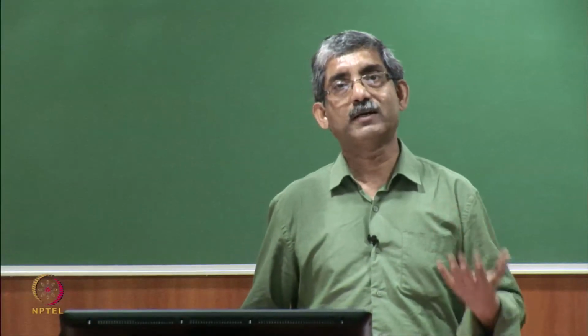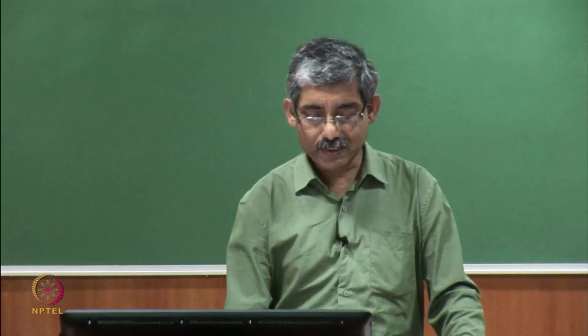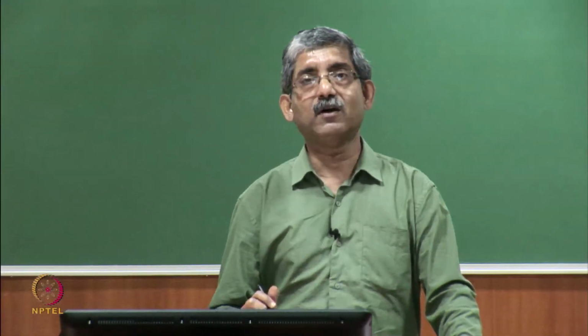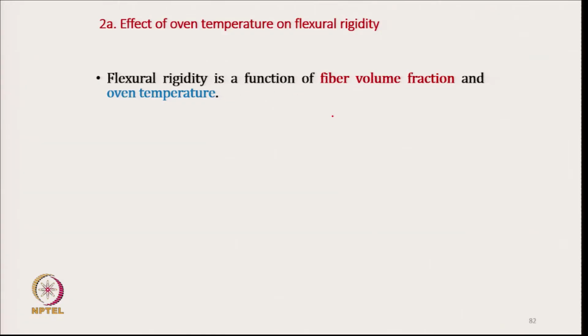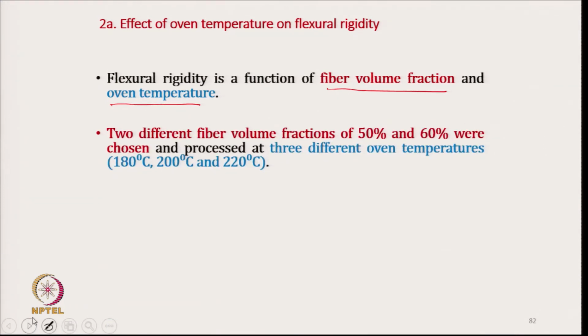So, we have changed the oven temperature and we have studied the flexural rigidity of the toe brake. Flexural rigidity is a function of fiber volume fraction and oven temperature. So, these two parameters we have changed one at a time. Two different fiber volume fractions were taken, 50% and 60%. 60% fiber volume fraction means 40% is the resin weight fraction.